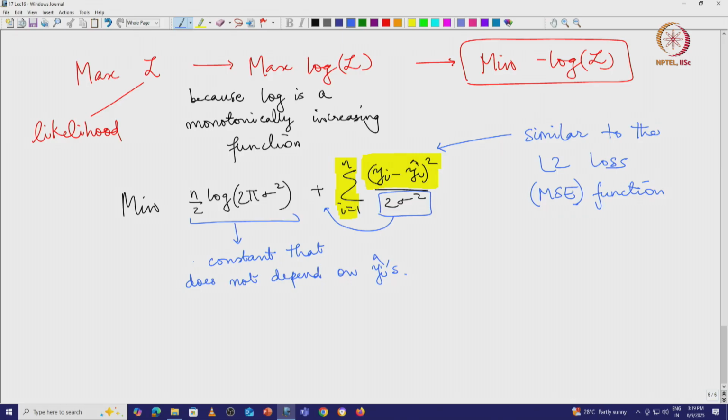So, essentially maximizing the likelihood we have been able to show is equivalent to minimizing the sum of squared error, right.